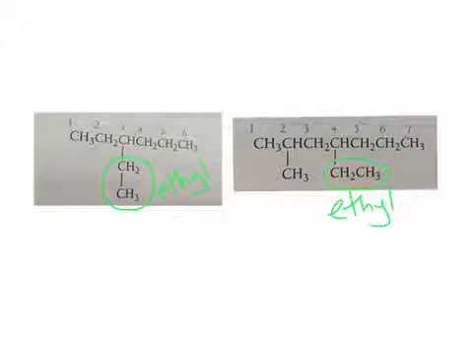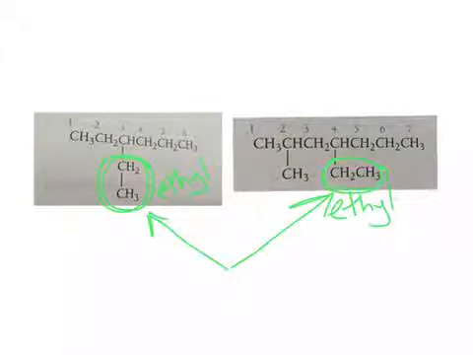Does it make a difference? Is your question, and the answer is no. It doesn't make any difference whether they are stacked on top or whether they're written as a chain. The challenge for you is just that you're able to recognize both as ethyls.